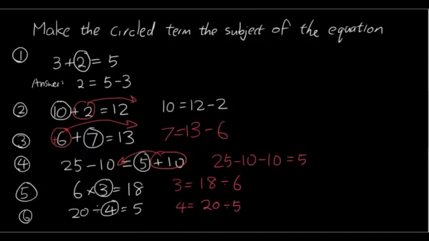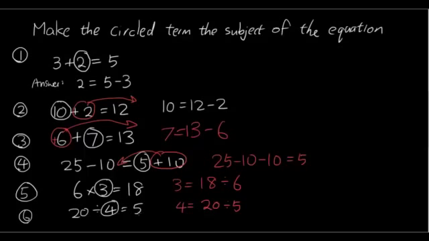So the multiply and the dividing ones are slightly more complicated, but it's the same principle. We have 6 times 3. So if we have times 6 and we move it to the other side, it becomes divided by 6. And 20 divided by 4 is 5, therefore 20 divided by 5 must equal 4.